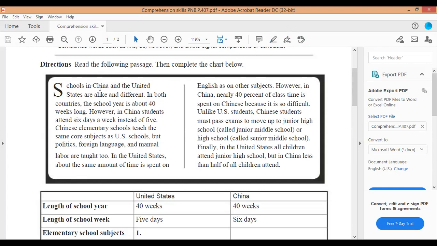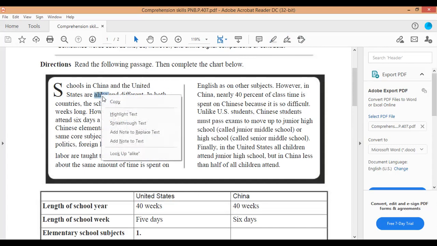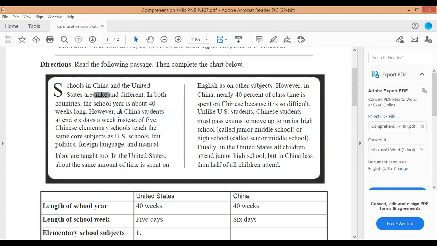Schools in China and the United States are alike. What did it say here? Alike. What does this word indicate? Yes, similarity, comparing. And different is for contrast.